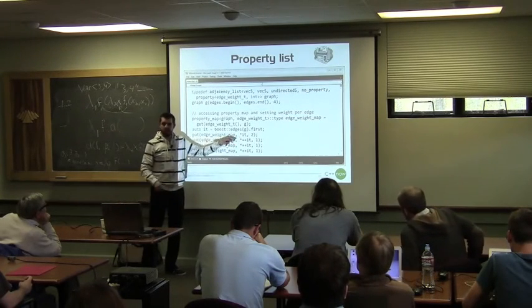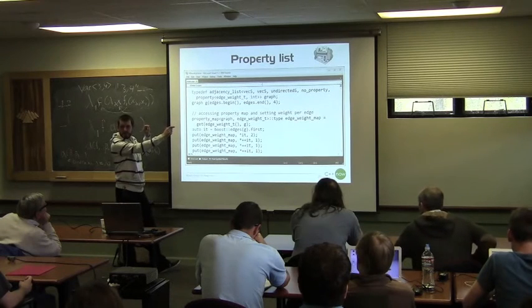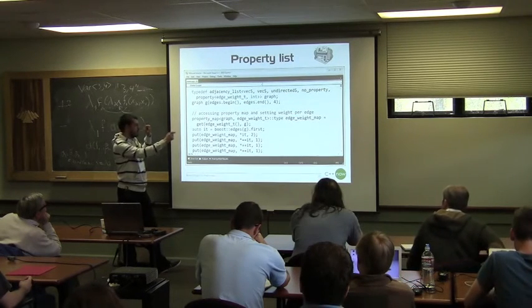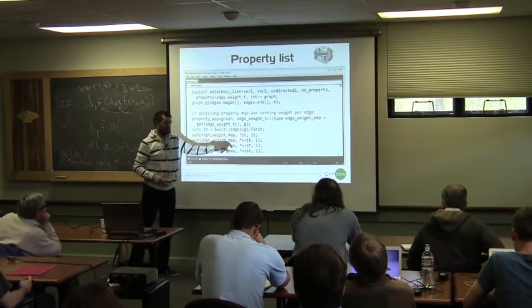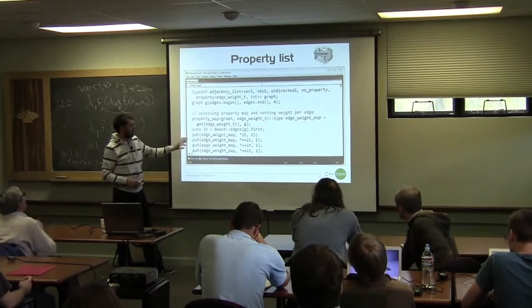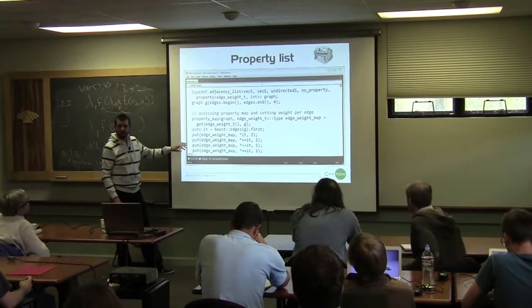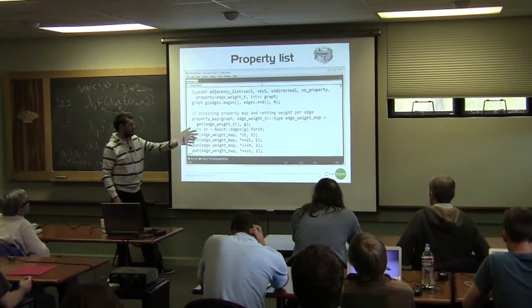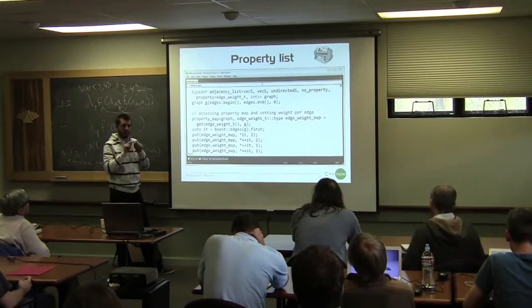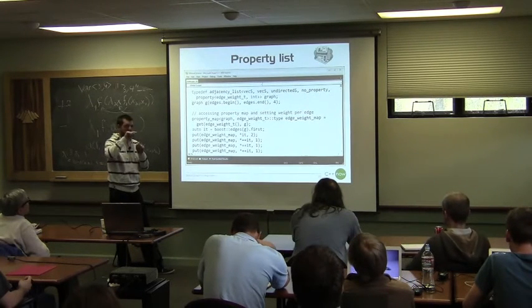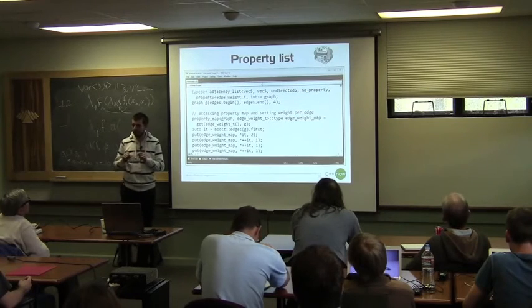This is the first edge, the top edge from the top left to the top right corner, and I want it to have a weight of 2. I do it by calling put and passing in a couple of parameters. This way I can access the weights of each and every edge individually.